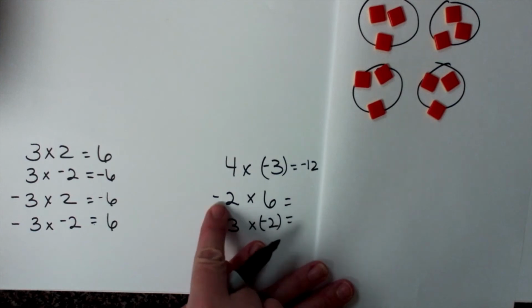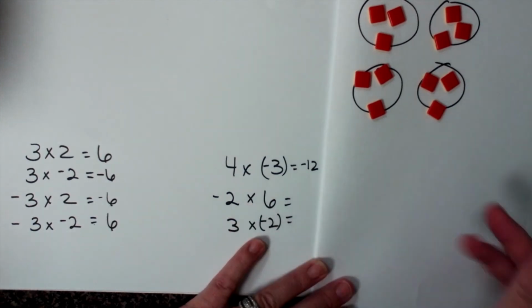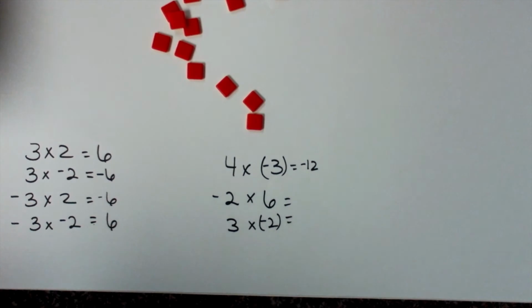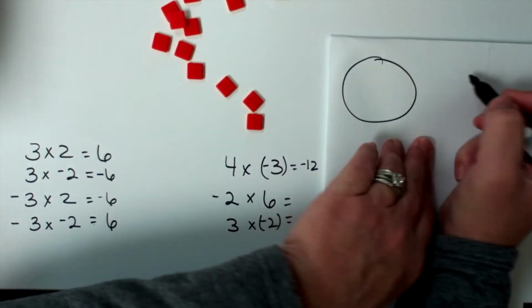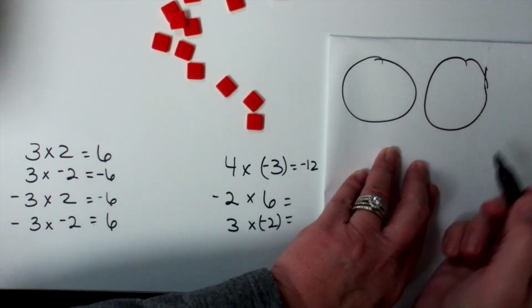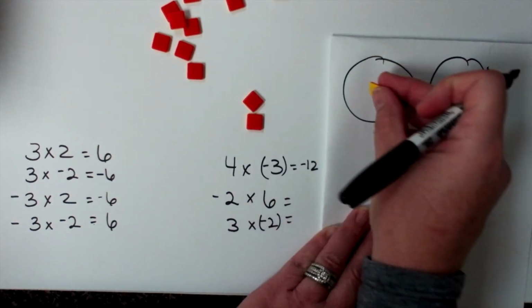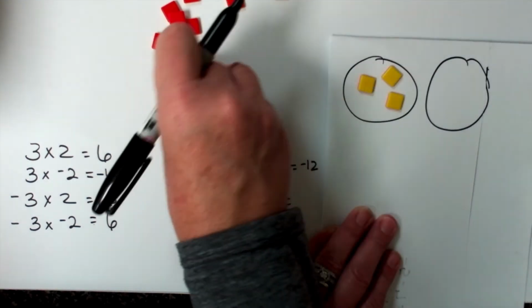Next one says I'm going to have the opposite of 2 groups of +6. So the opposite of 2 groups of +6 would be, let's look at that, 2 groups, bad circle there. The opposite of 2 groups of +6. So now I can go ahead and put my +6 here, and I'm going to say the opposite of.